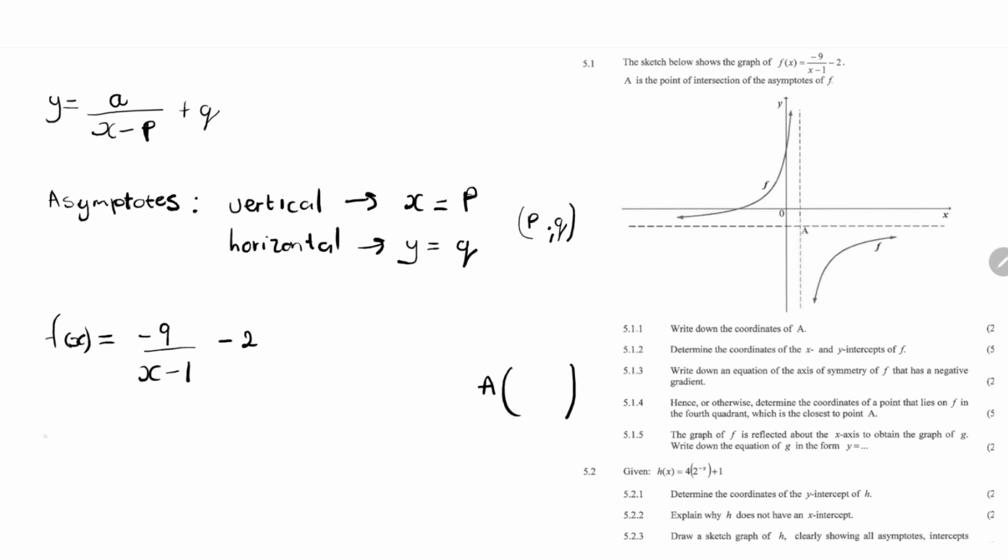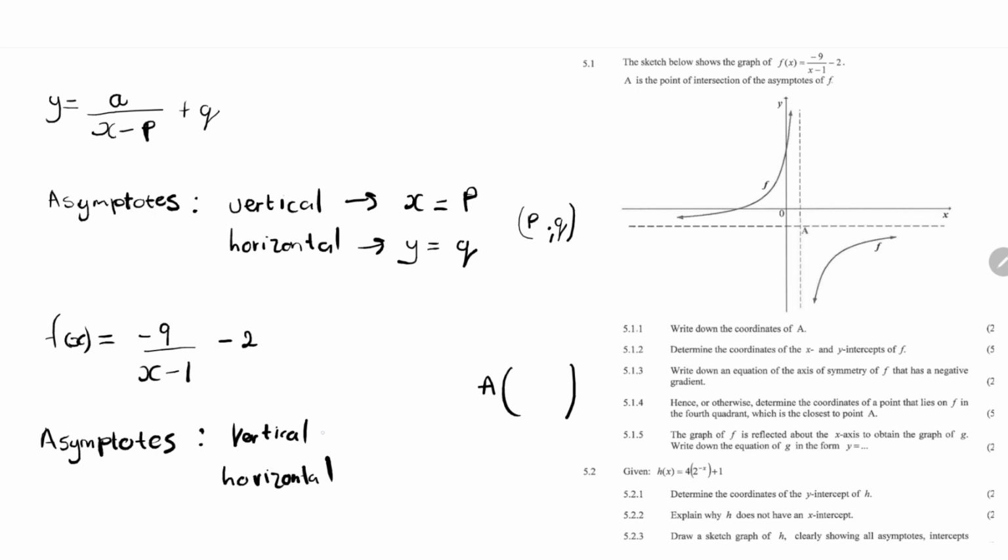So the next thing is to find the asymptotes using the graph. We have a vertical and a horizontal asymptote.